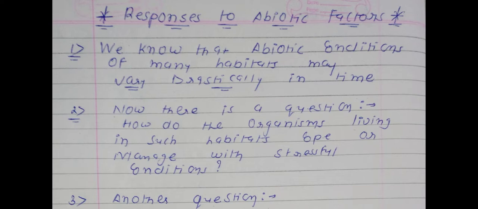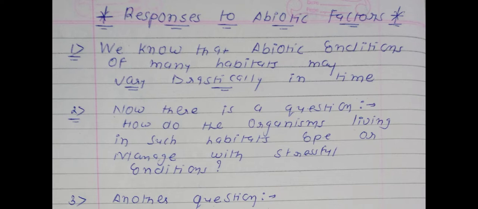It means with the period of time, the different types of conditions of abiotic factors are also going to change. It means abiotic factors are not constant. You remember, abiotic factors are not constant and they are not uniform. They are not the same at each and every place for every time.